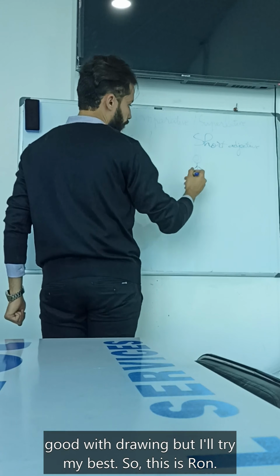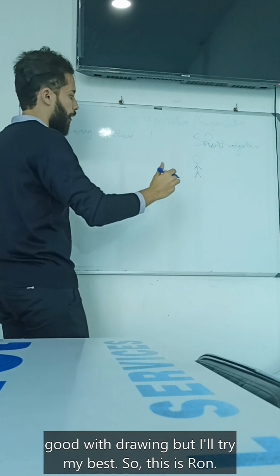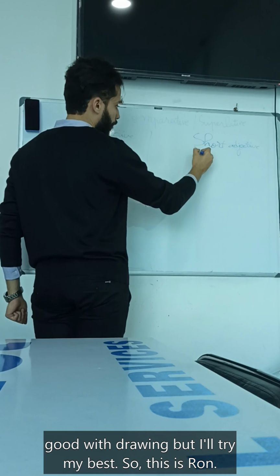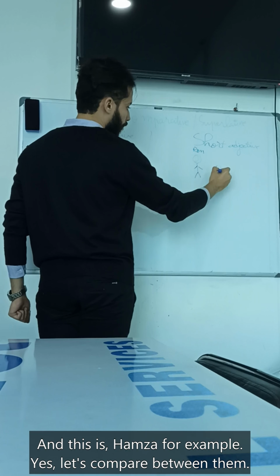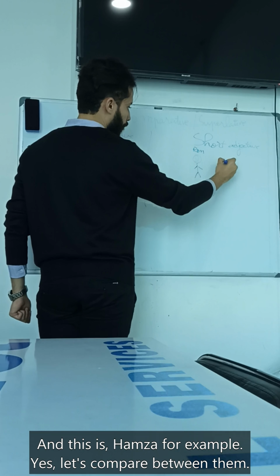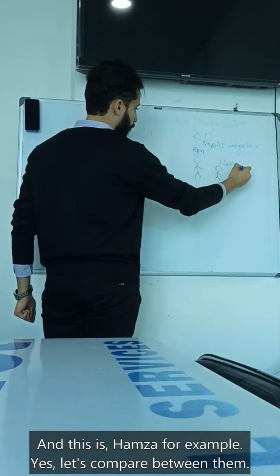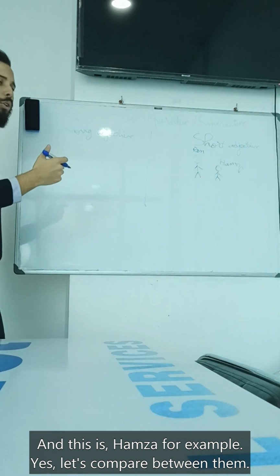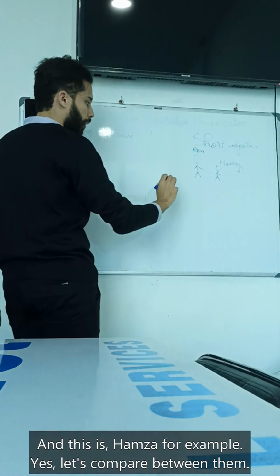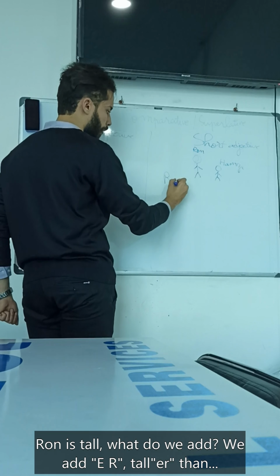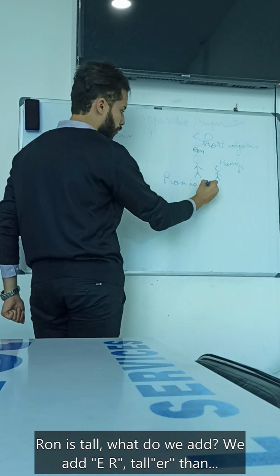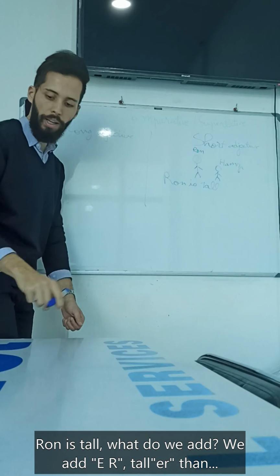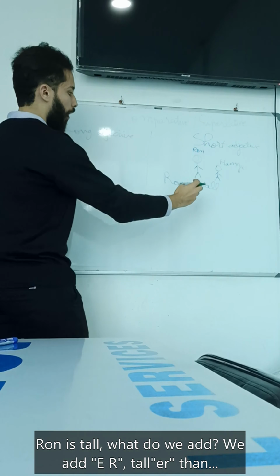I'm not really good with drawing, but I'll try my best. So, this is Ron. And this is Hamza, for example. Let's compare between them. Ron is tall. What do we add? We add ER.